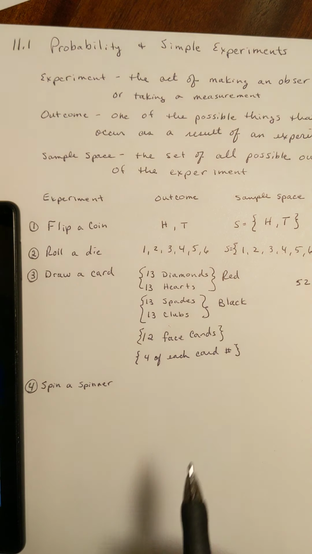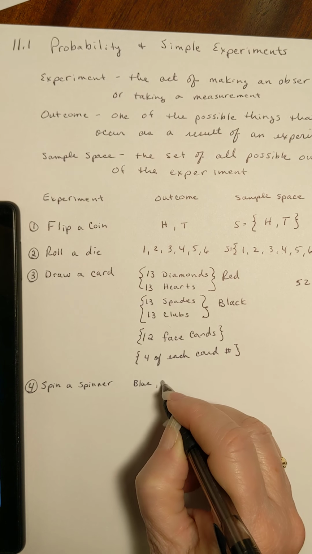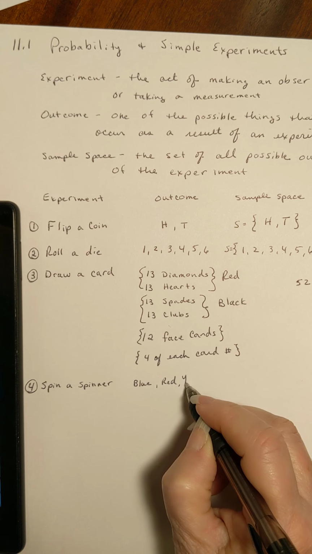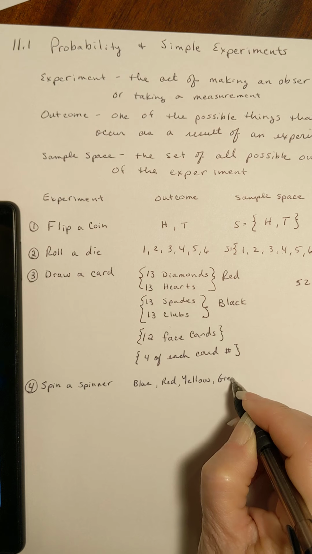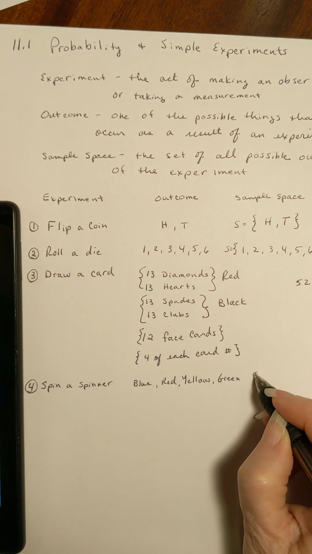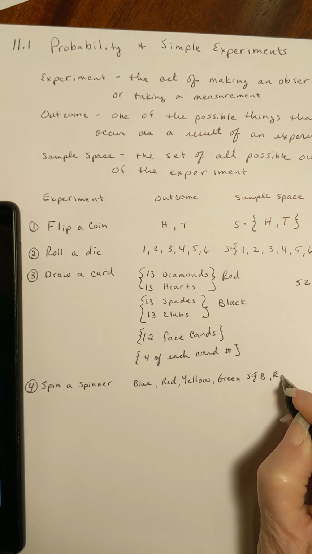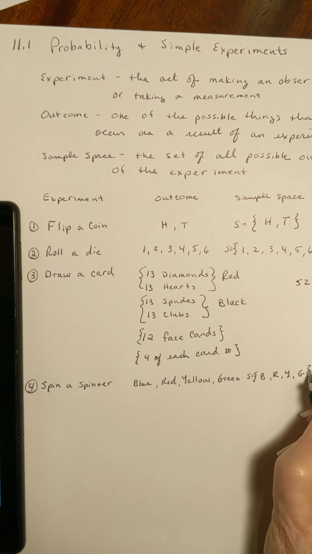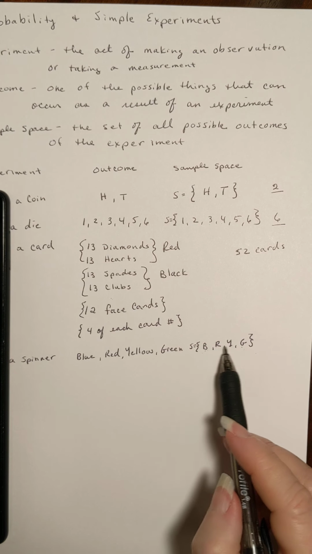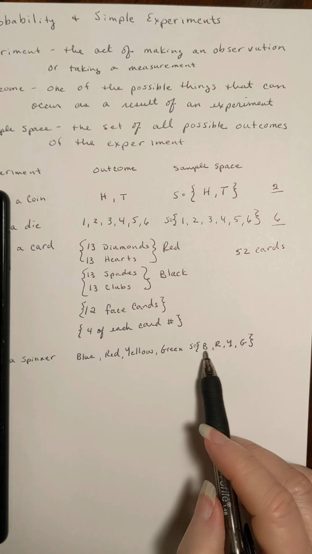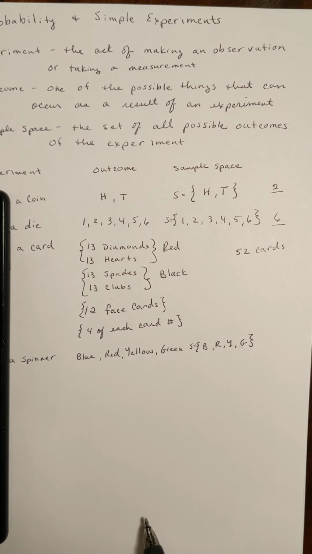My outcomes could be that I land on blue or red, or I could land on yellow, or I could land on green. If I put this in a set, it would be blue, red, yellow, green. A lot of times you'll see them using just the letters for each of the colors instead of writing out the word blue. So that would be my sample space.